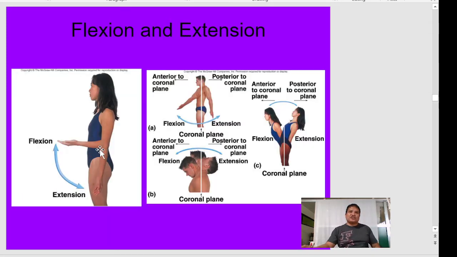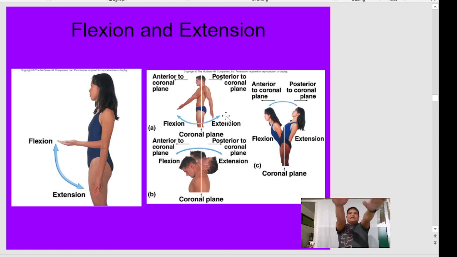So this is flexion. So look at the picture. So from here and it moves that way, that is flexion. And when you try to increase the angle between the shaft of the humerus and the shaft of the ulna, that is extension. So you have here your flexion of the shoulder and extension.